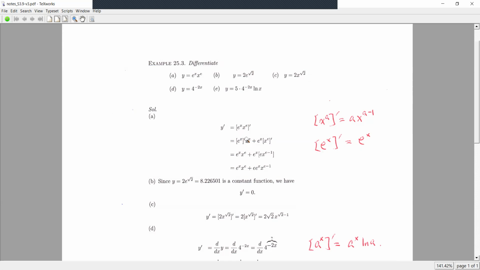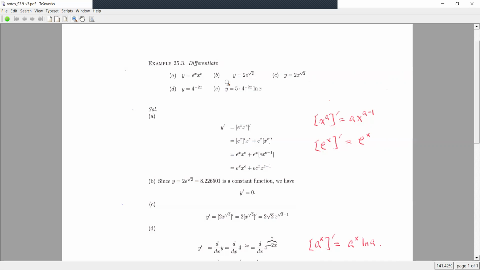The derivative of e to the x by the formula is e to the x. The derivative of x to the e by the formula for power functions is e times x to the e minus 1. Now simplify this expression a little bit. I move this e to the front. Then this is the result to part A.